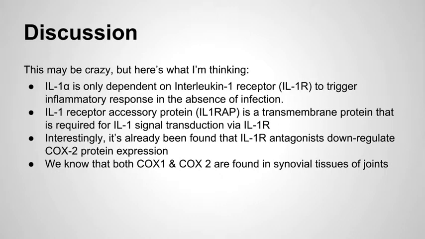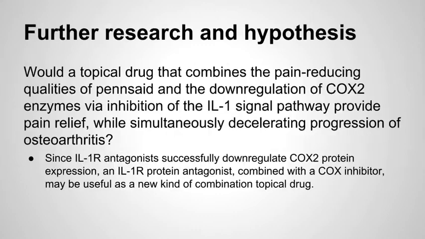Interestingly, it's already been found that interleukin 1 receptor antagonists downregulate COX-2 protein expression, so keep that in mind. And we also know that COX-1 and COX-2 are found in synovial tissues of joints, so there would be my target in terms of anatomy for my drug. So back to my hypothesis.